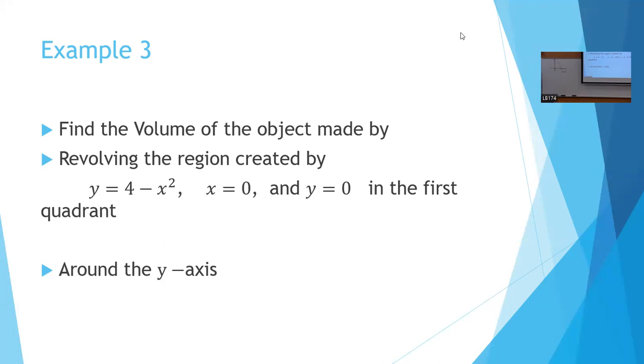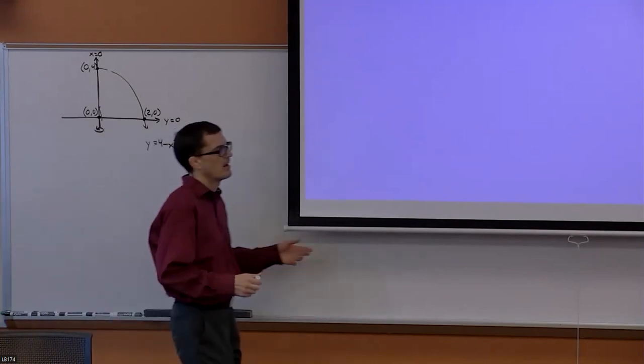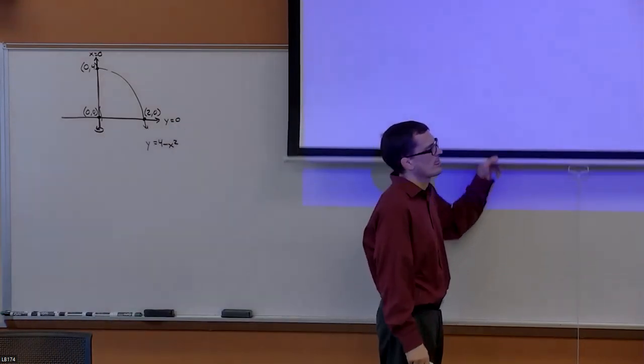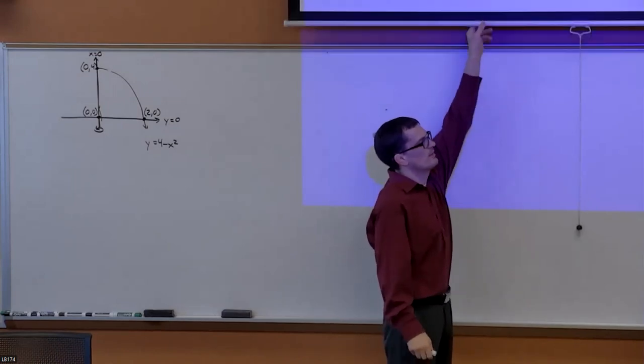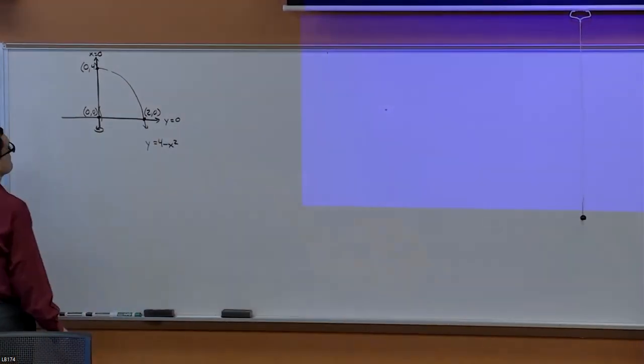Now I'm going to label the points on my graph where things intersect. Again, we've drawn this region before, last class period. So there it is.